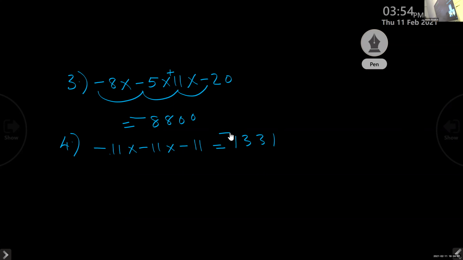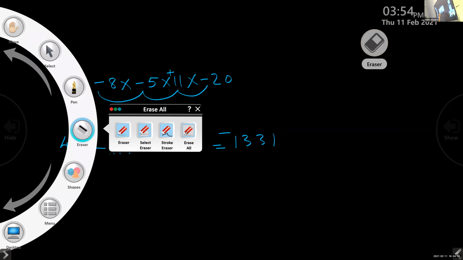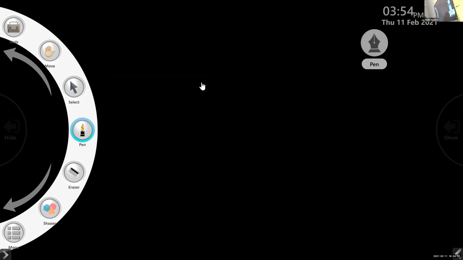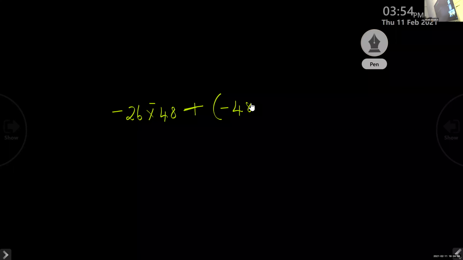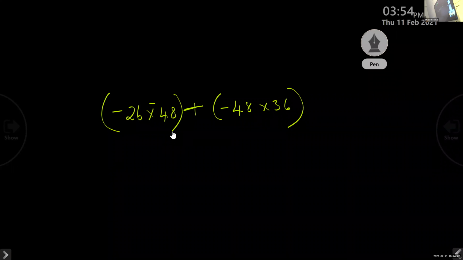Now the next one, you have to use the distributive property. The question is negative 26 into negative 48 plus negative 48 into 36.